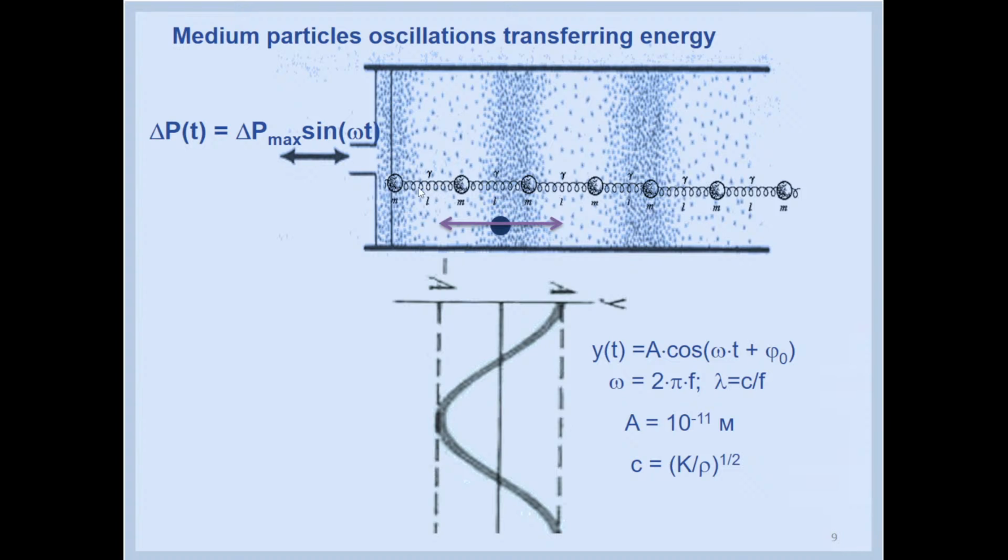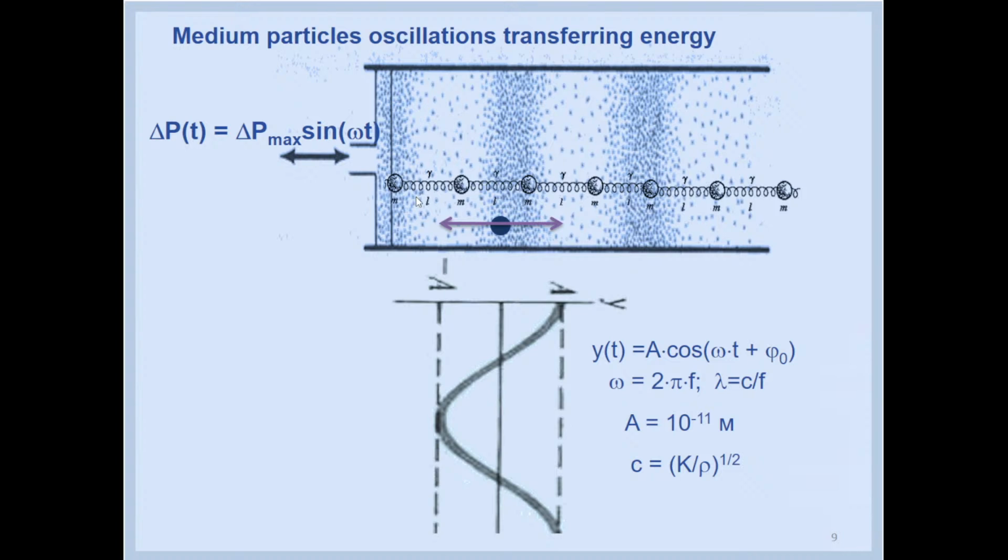That is why through the deformation of the spring, the force from the piston is conducted to the nearby particle, and from that particle, because of the same connection to its neighbors, this force is conducted to the next particle, and so on and so on.